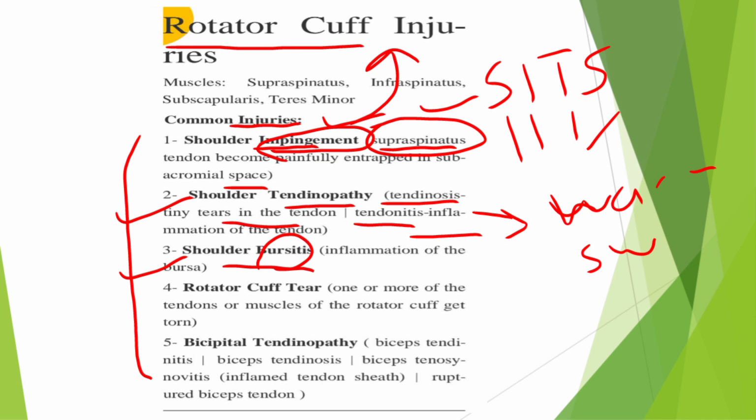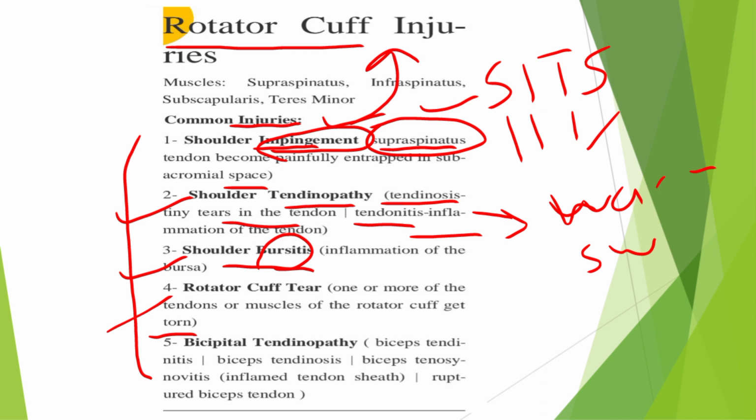The fourth cause is the rotator cuff tear, when one or more of the tendons or muscles of the rotator cuff get torn. When it gets cut, it causes a rotator cuff tear. And fifth is bicipital tendinopathy. It means the bicipital tendon gets degenerated.